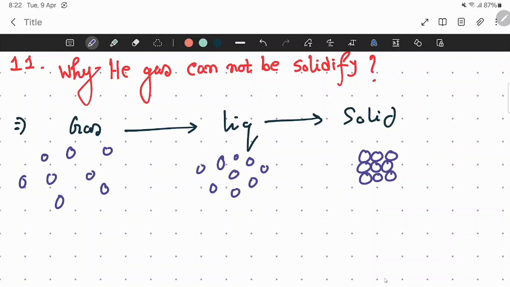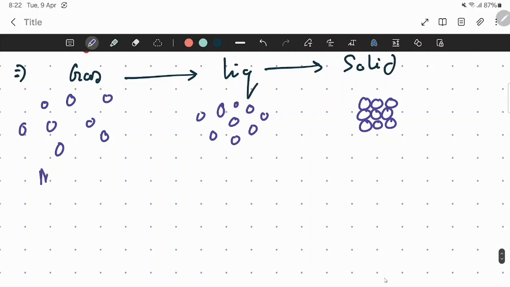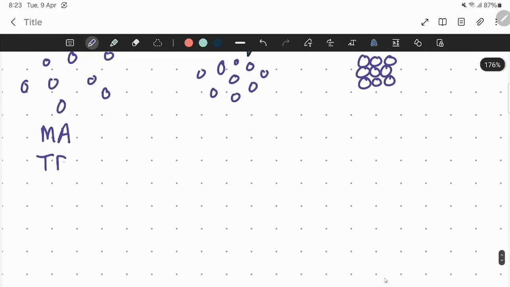If you think in terms of water vapor to water, you have to decrease the temperature. When you decrease the temperature, essentially there are two things in gas molecules. One is molecular interaction or molecular attraction, and another one is thermal energy, right? This molecular attraction is very, very less than thermal energy in gas. That's why the molecules are free to move, and that is why the density of gas is very less. You know this. This is the feature of gas.